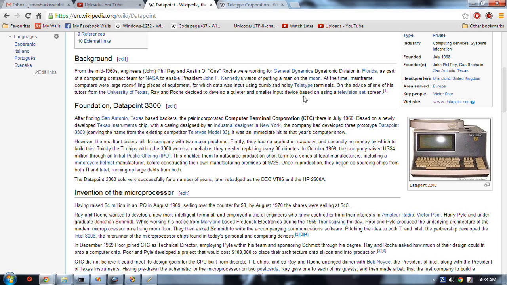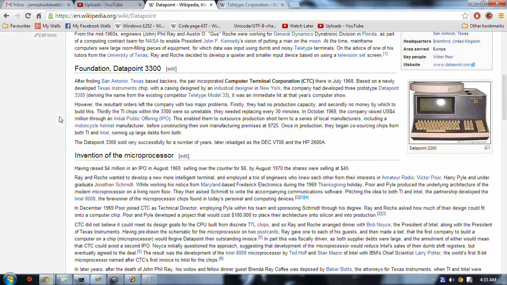Okay, so they wanted to make a new input device based on a television set, and it was an immediate success, because they based their thing on the Texas Instruments chip to do the electronics.